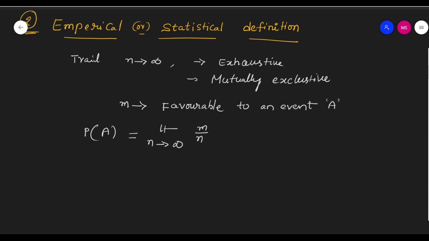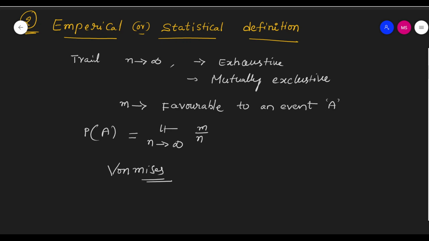Okay, this definition was developed by von Mises. So the definition is otherwise called the von Mises definition of probability. What is the definition?